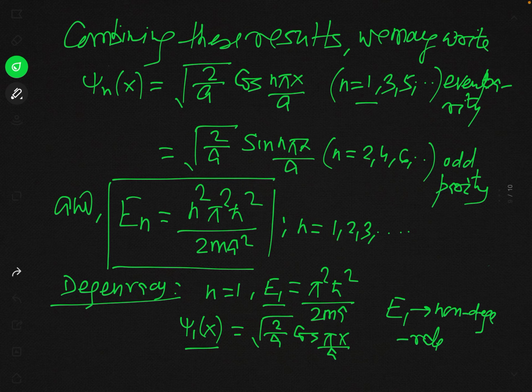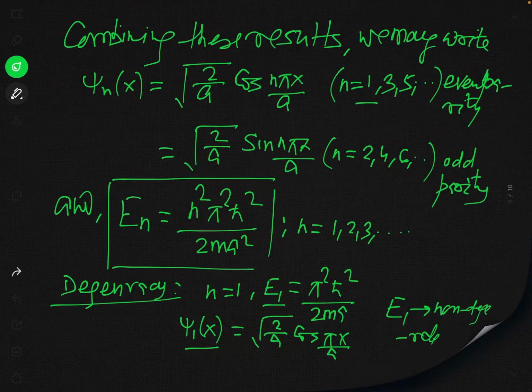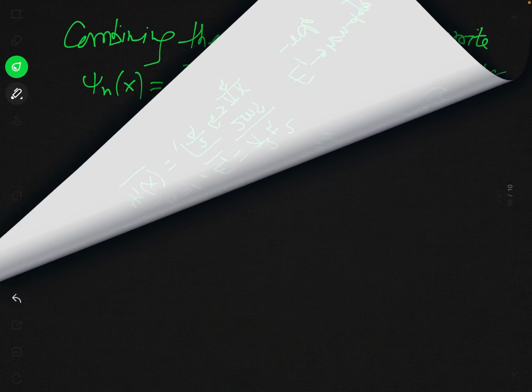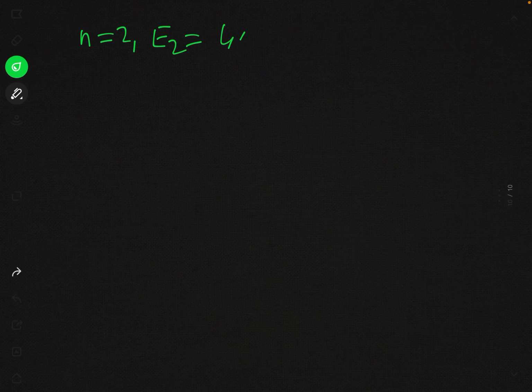Again, let us take n equal to 2. When we take n equal to 2, what will be the energy eigenvalue? You can see here that the energy eigenvalue will be 4 pi square h bar square over 2ma square.